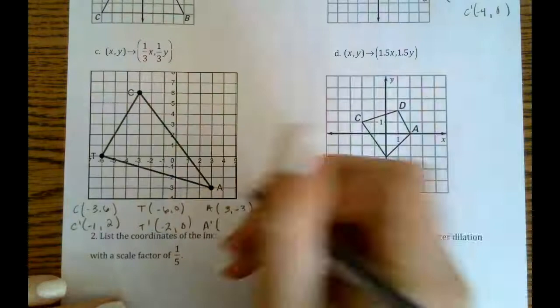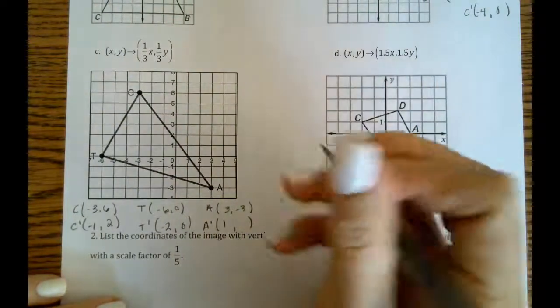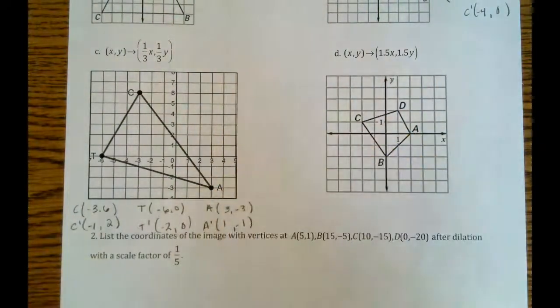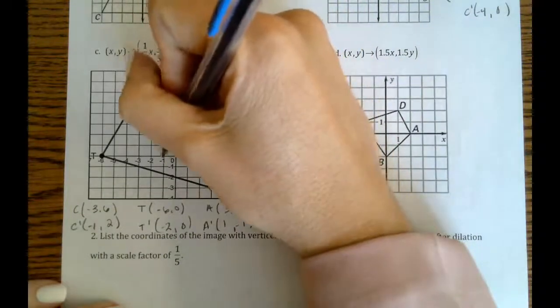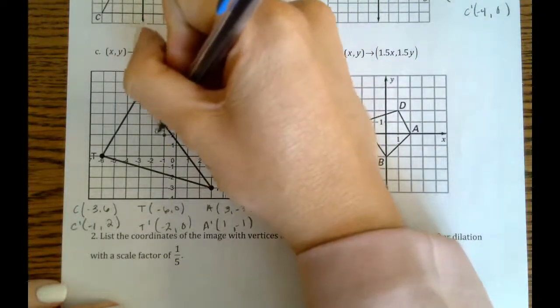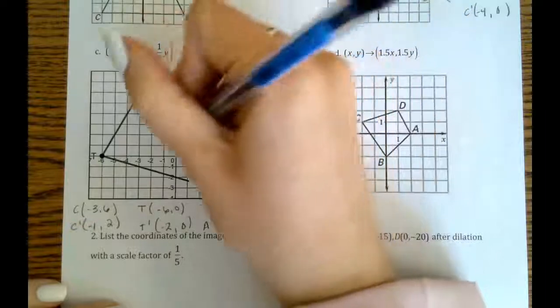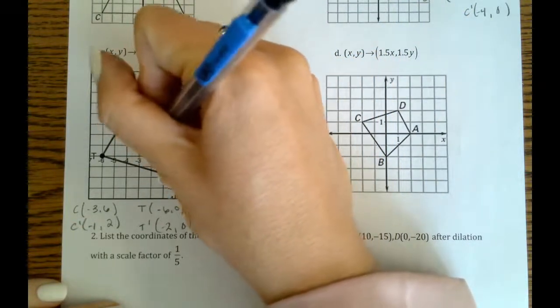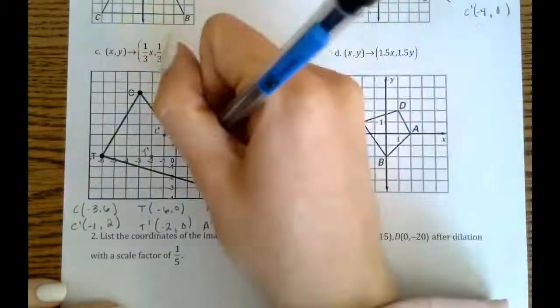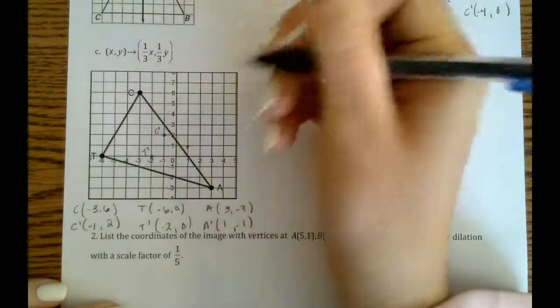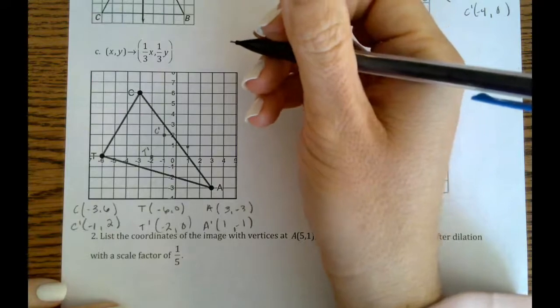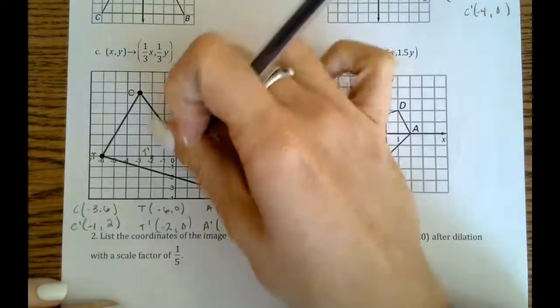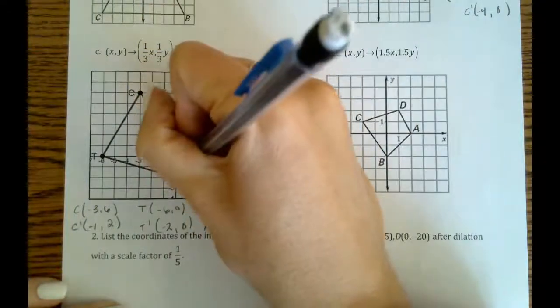And then here, 3 times 1/3 is 1. -3 times 1/3 is -1. Oops, I went the wrong direction. 1, -1.